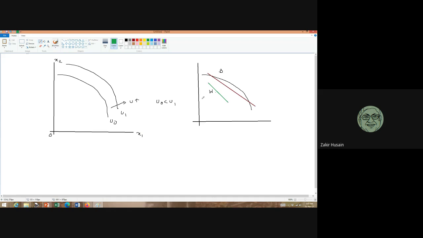So the worse set is convex. The better set is concave. Okay.